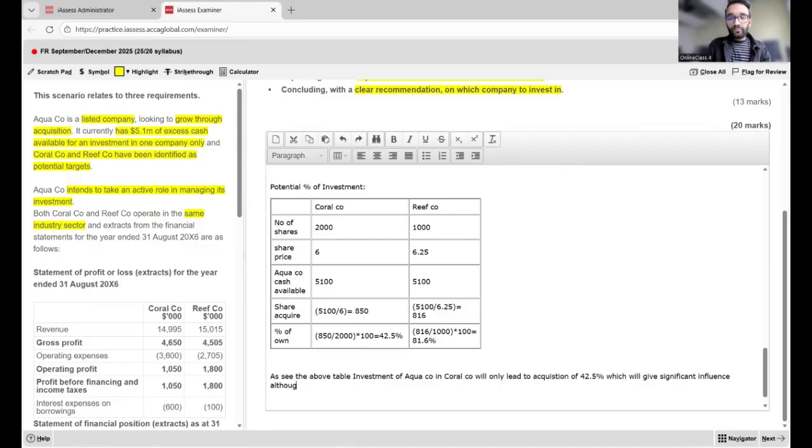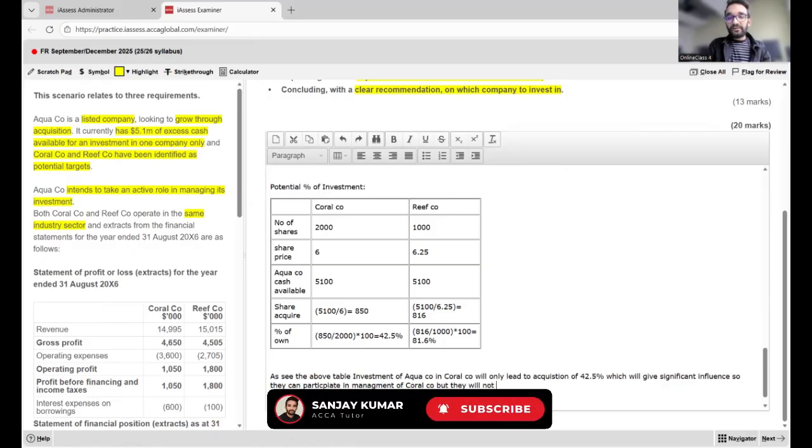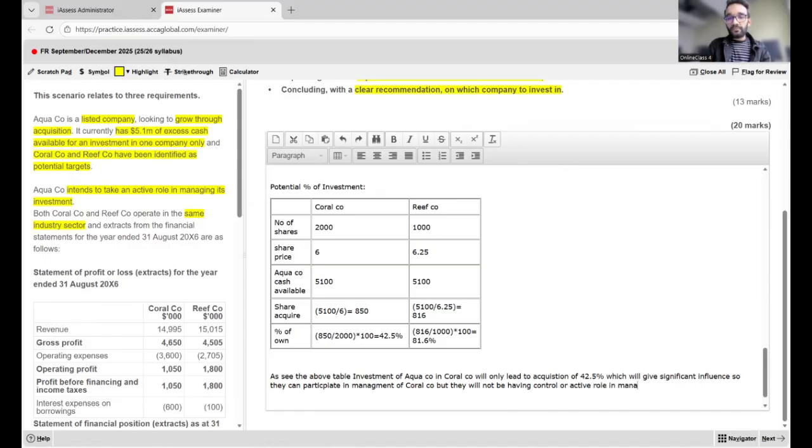So they can participate in the management of Coralco, but they will not be having control or an active role in managing that investment, right?